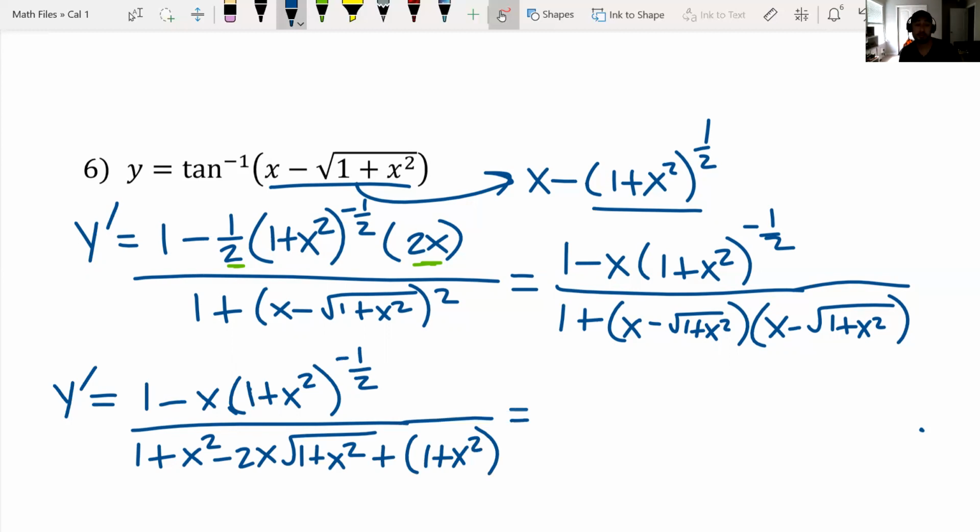Now, simplifying this may not do anything for us, but I'm at least trying to make it prettier.